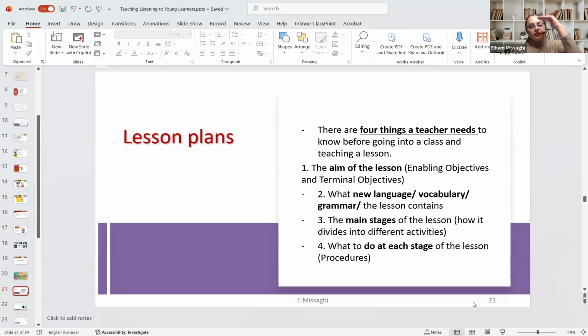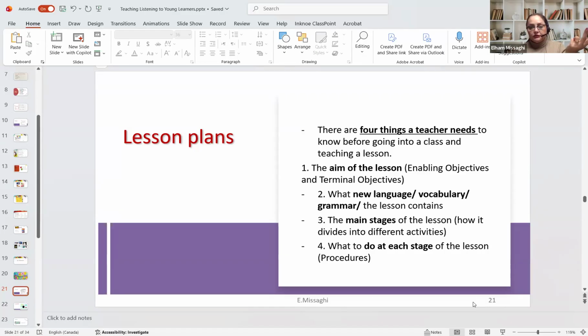Now, to get to that terminal objective, to that expectation, what do they need to learn? Like what vocabulary they need to learn. You need to make a list. These are the new vocabulary they learn in the listening part. Two, are they going to review any grammar?